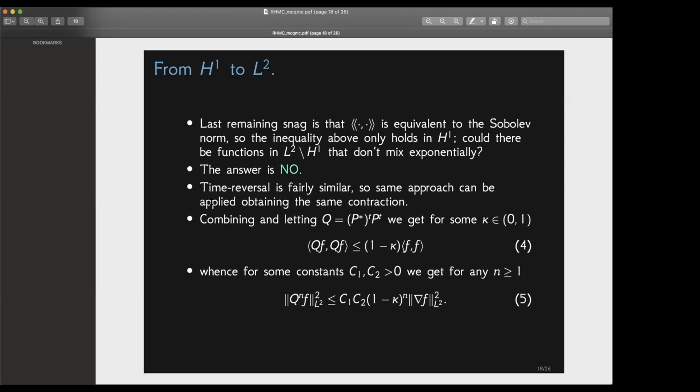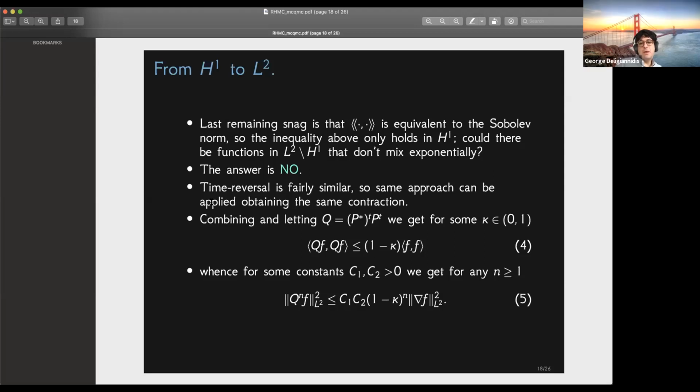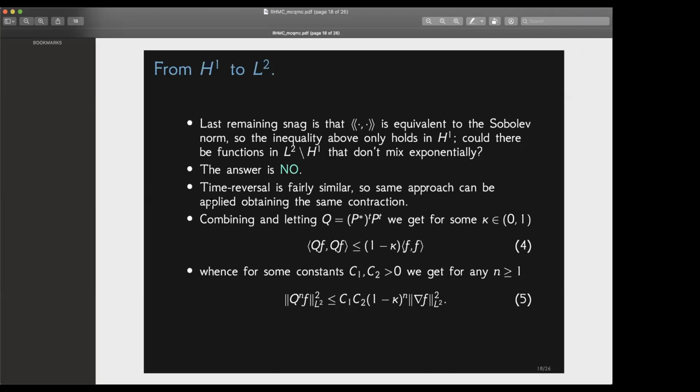And so if you integrate this commutation between semi-group and gradient, you exactly get a decay in Sobolev norm. So it makes sense to me that you get the same rate, since a posteriori you could get one rate from the other.